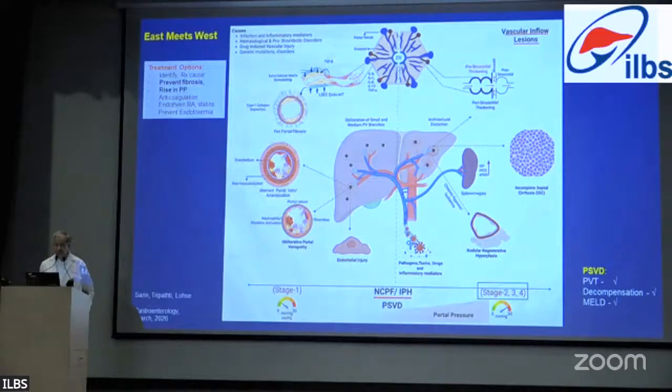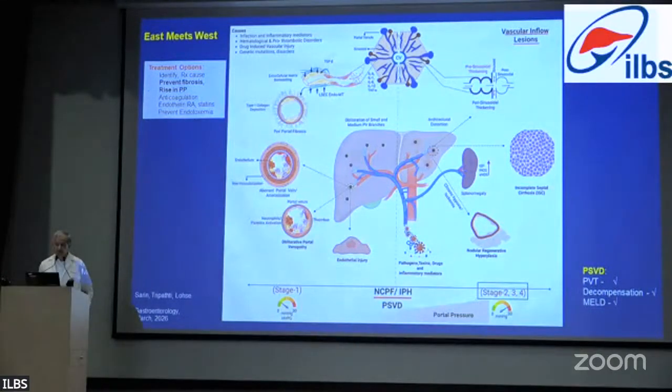The same may happen with autoimmune hepatitis, like the 31-year-old female you showed in one of the slides, with histology similar to NCPF.